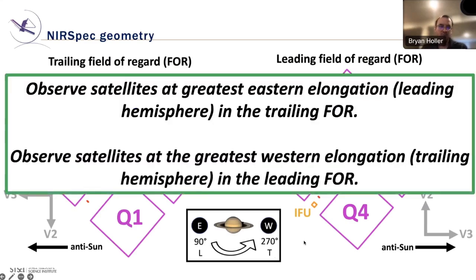You want to observe satellites at eastern elongation, or the leading hemisphere, when you're in the trailing field of regard. Alternately, you want to look at the trailing hemisphere when you're in the leading field of regard. So basically the opposite of which hemisphere you're looking at.